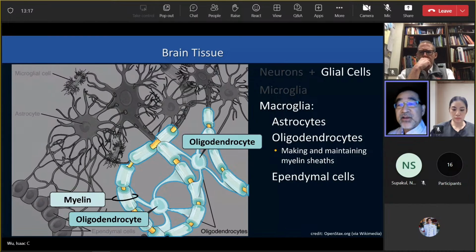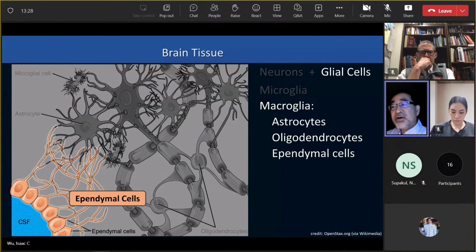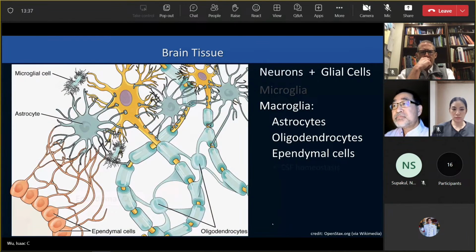So it's vitally important for demyelinating disease or demyelinating process that often affects the oligodendrocyte, especially the myelin. And the ependymal cell is nearby the CSF. It helps regulate the CSF homeostasis. So those are the three main types of macroglial cells.